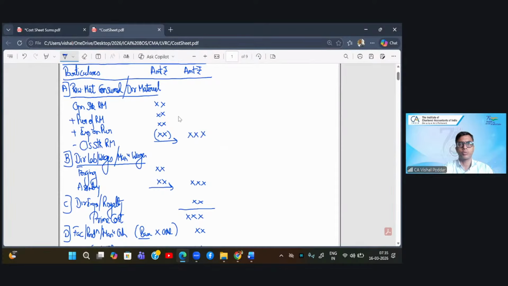So question 2. Job cost sheet. Period is 2025-26. No other data is known to us.